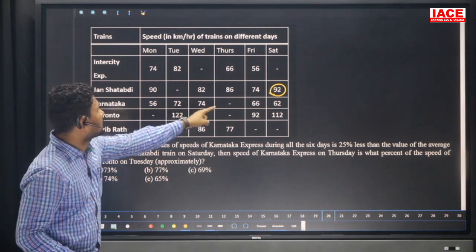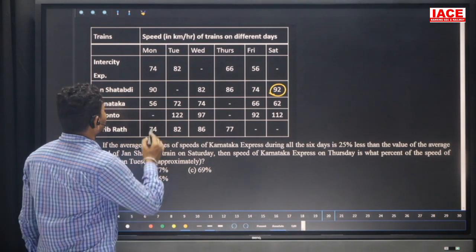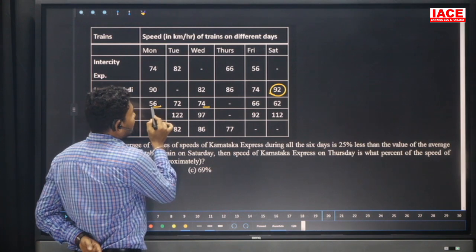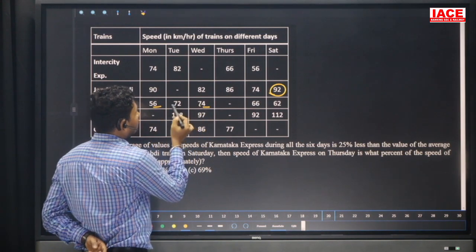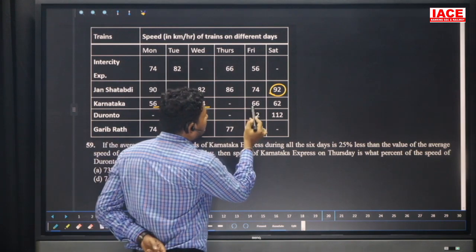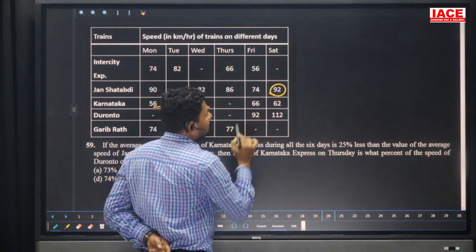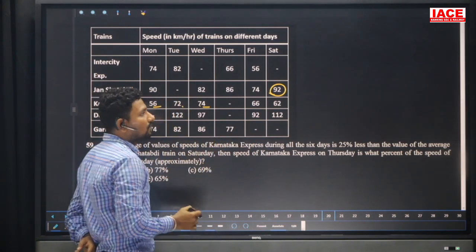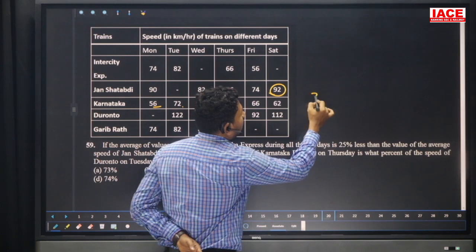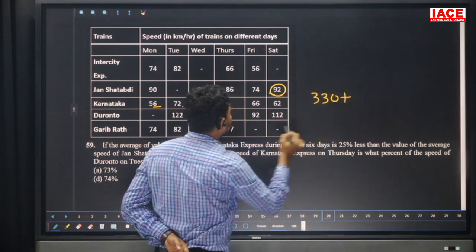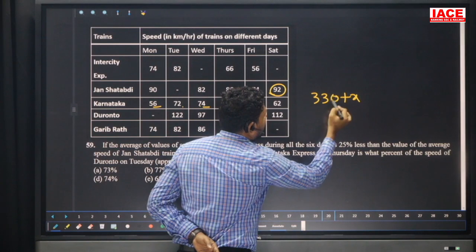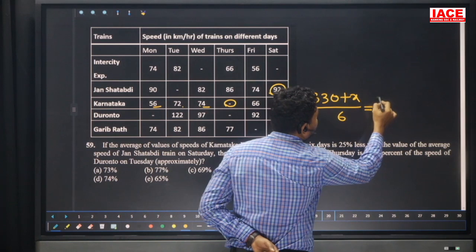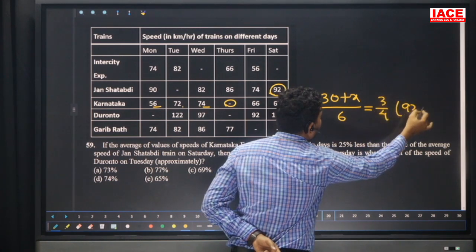So the Karnataka Express Thursday value is required. For that we should calculate here. Then 4 can be added to 56, it is 60. 60 plus 70, 130. 130 plus 72, 202. 202 is added to the extra, it is 60 plus 60, 120. 120 plus 128. 128 is added to 202. 128 plus 202 is equal to 330. 330 plus x, divided by 6, is equal to 25% less, meaning the remaining is 75%, that is 3 by 4th of the value, 92.